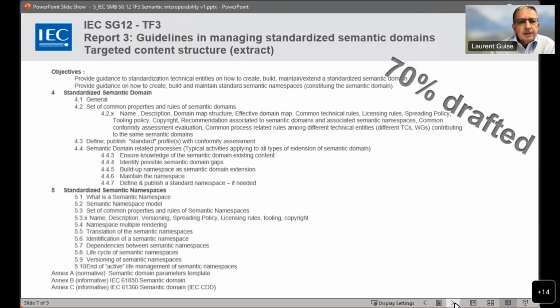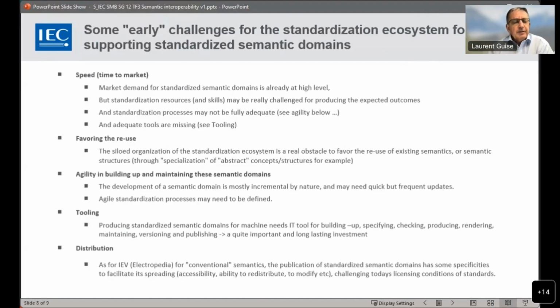So next slide is about, I believe, the challenges. Yes, we have already identified challenges for standardization bodies such as IEC to really elaborate and build standardized semantic domains. The first challenge, I would say, is the speed.